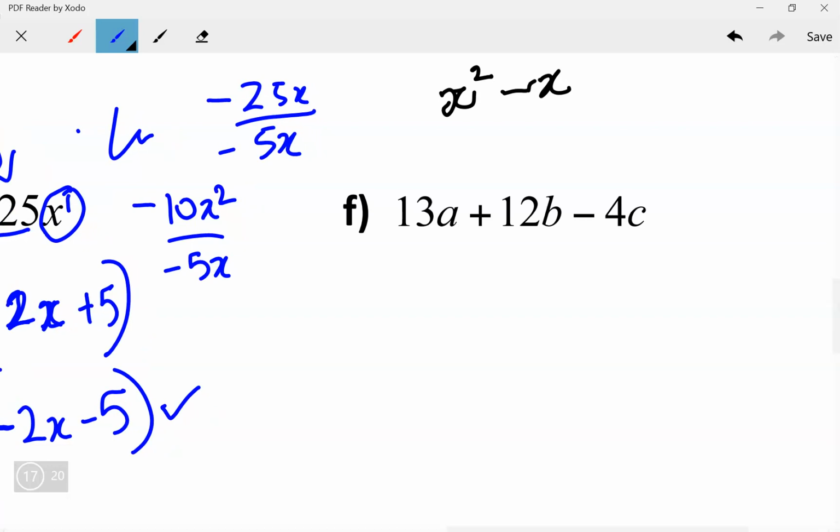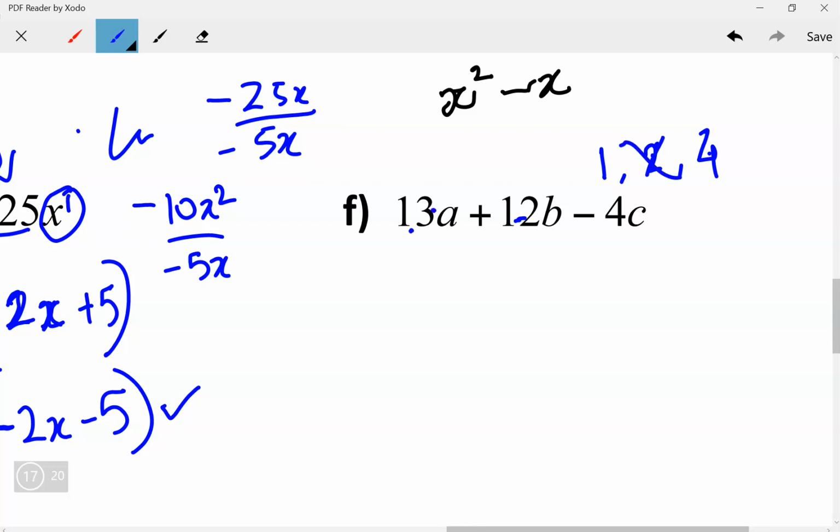Now let's look at this one: 13a plus 12b minus 4c. Let's find our greatest common factors. I have a 13, 12, and a 4. I start with my lowest number. The 2 goes into the 12, 4 goes into the 12, but 2 does not go into 13, 4 does not go into 13.